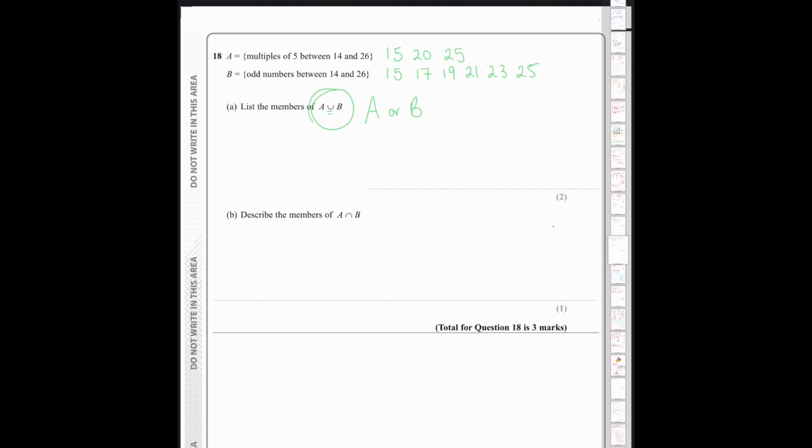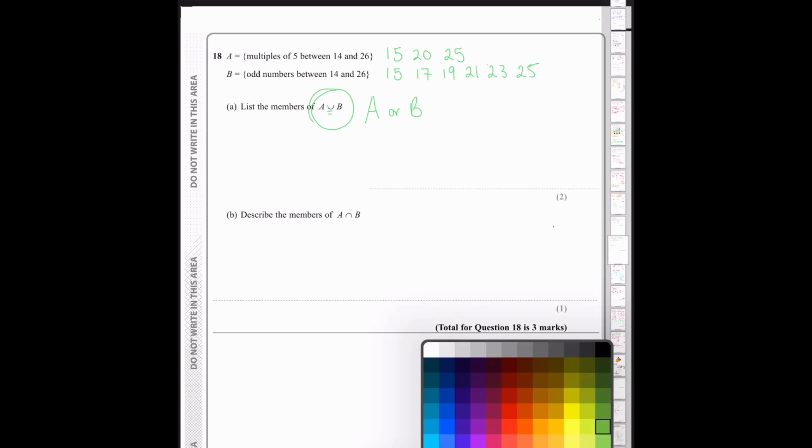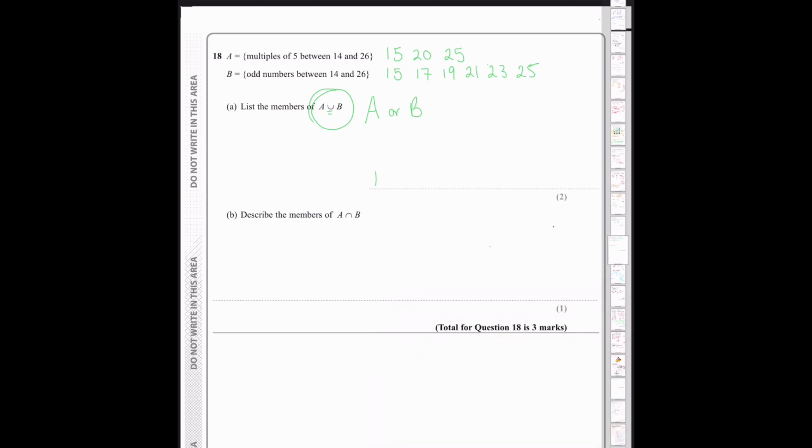So we write down all the numbers: 15, 17, 19, 20, 21, 23, and 25. We don't need to write 25 twice, even though it's in both lists.